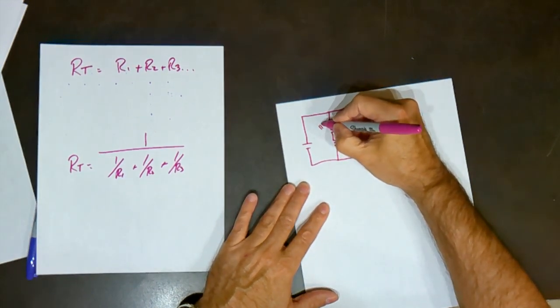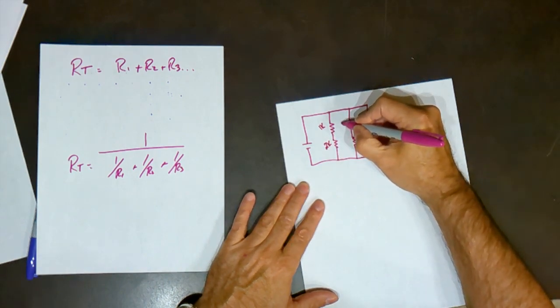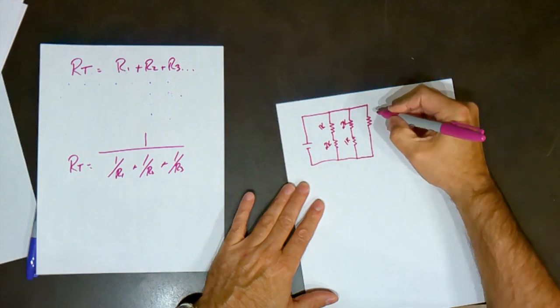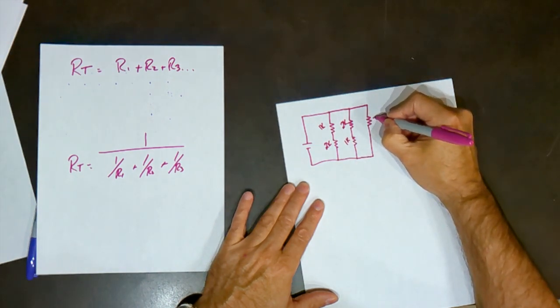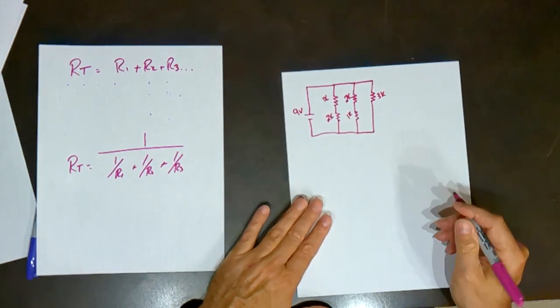We can say this is 1K, and this is 2K, and this is 2K, and this is 1K, and this is going to be 3K, and this will be 9 volts.